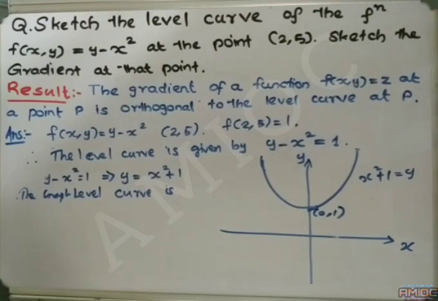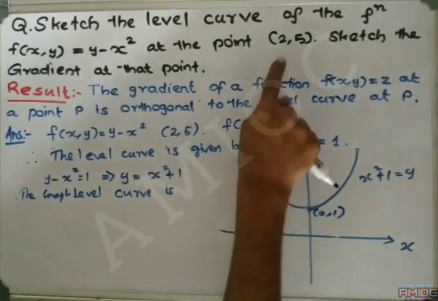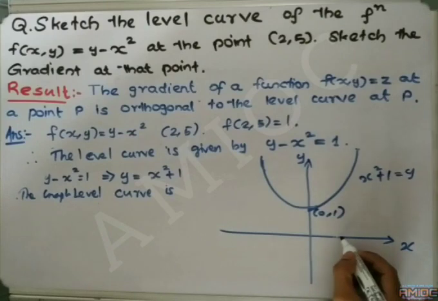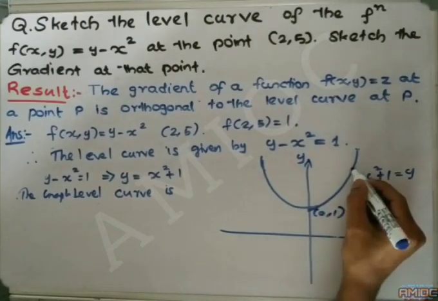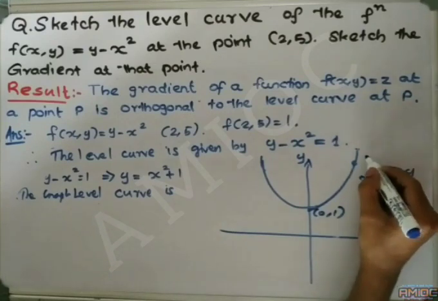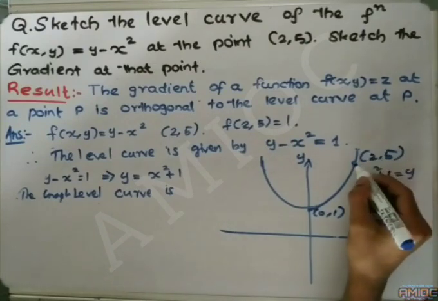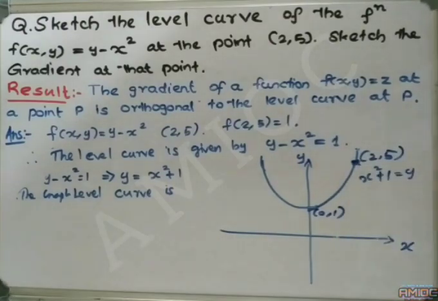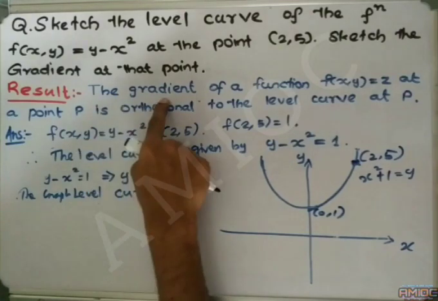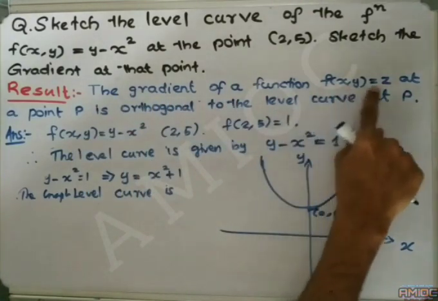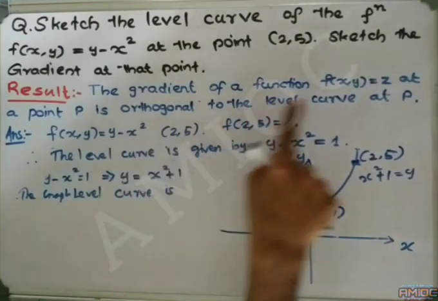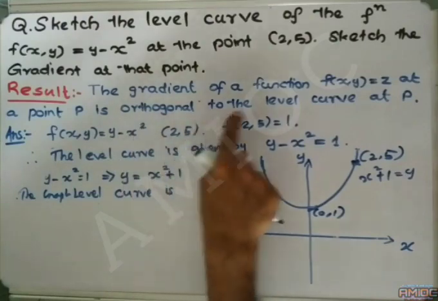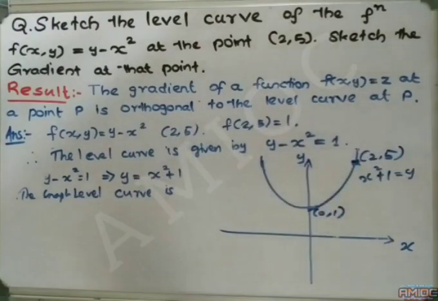Now we have to evaluate the gradient at (2, 5). Therefore, we can mark the point (2, 5) here. Then the result says that the gradient of the function f of x, y, given by y minus x square, at the point P is orthogonal to the level curve at that point.